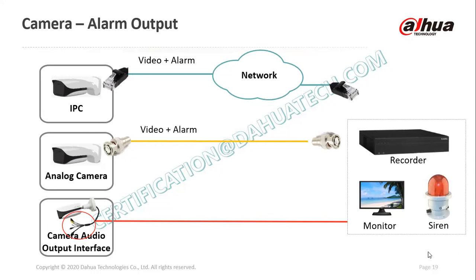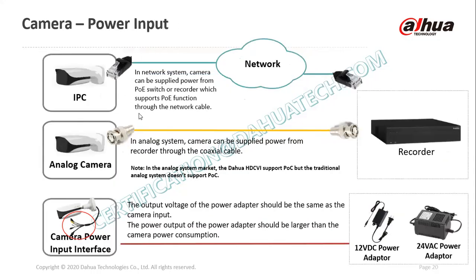The camera audio interface connects to a siren. We have an audio interface to connect to an alarm, siren, or even to the recorder directly. So we have outputs and inputs for the audio interfaces. Power input: how do we power cameras? You can use Cat6 power over Ethernet.